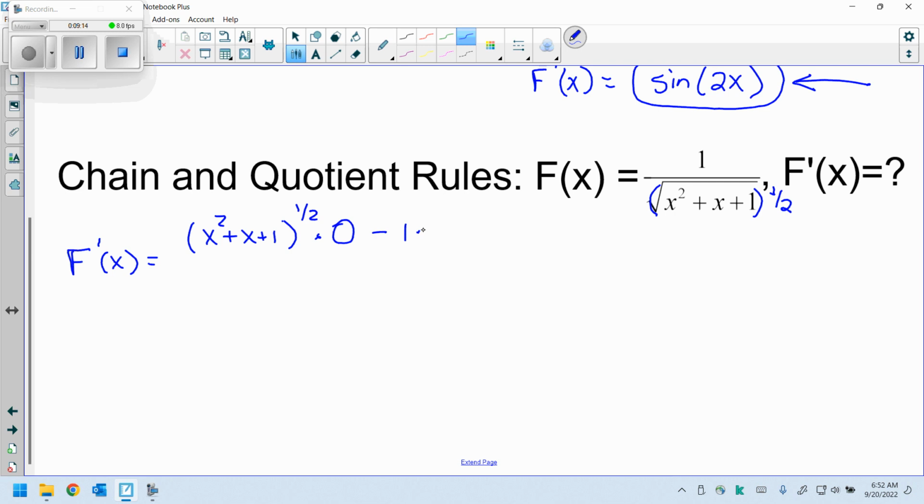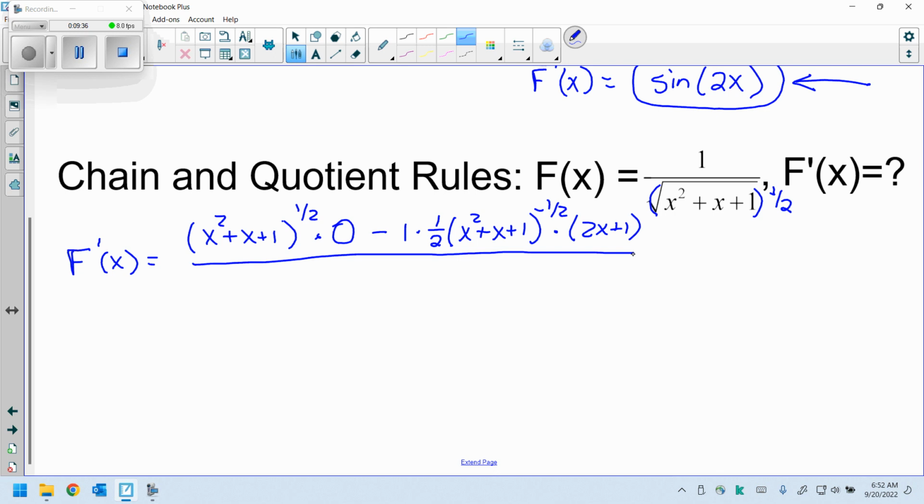Well, now I've got a chain rule. 1/2 x squared plus x plus 1 to the negative 1/2 times the derivative of what's inside, all over low low. Well, low low is pretty nice.